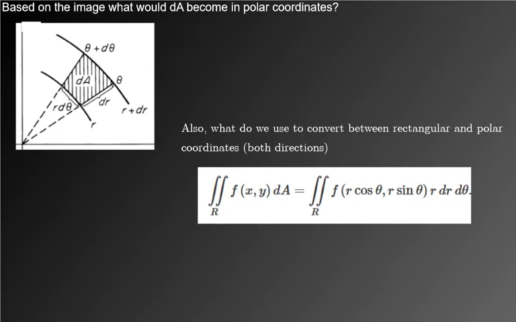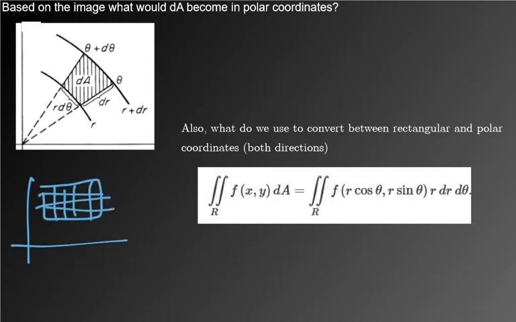Now we're doing it for polar, but our little pieces in our grid have this structure. To find the area before, we literally did length times width, and we got the delta x from that, or the dx dy, right? So maybe I should draw what I'm saying here. If we had a grid like this that we're integrating over, this little chunk in here, this part is a dx, right?